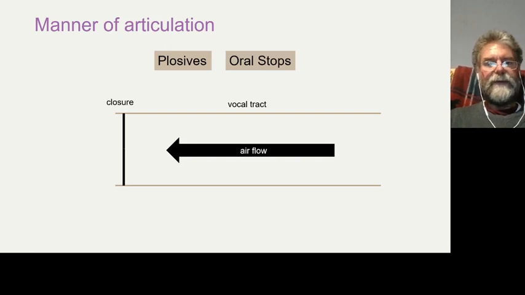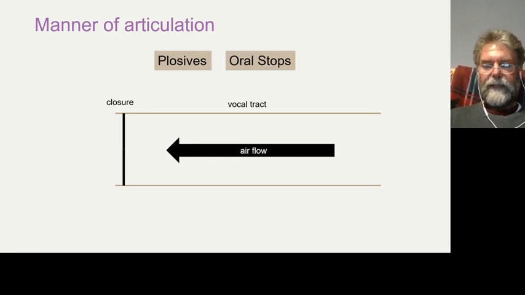Precisely because these closures are in your mouth, either with your lips or somewhere like that, they're often referred to as oral stops. So oral stop and plosive are two different terms for the same thing.